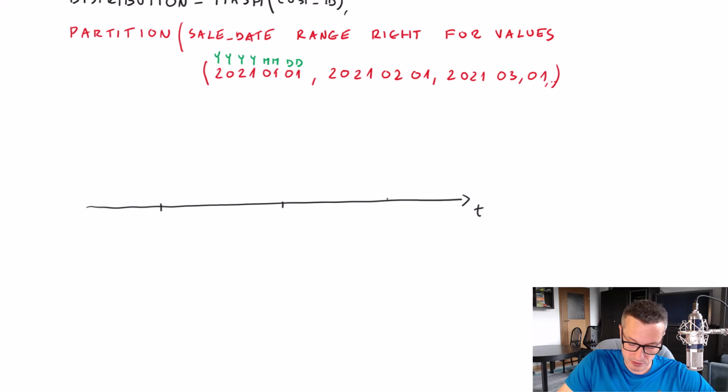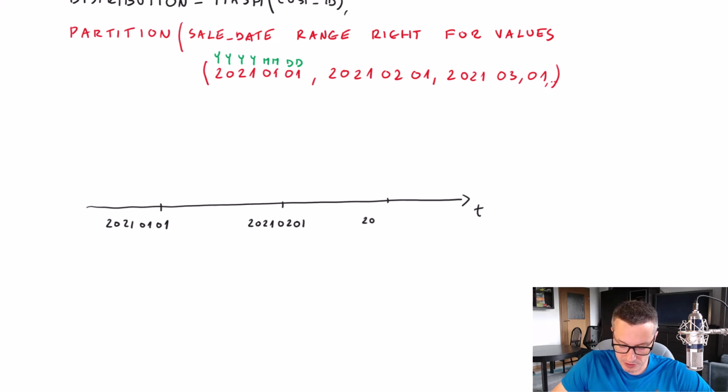The first one was 2021-01-01, so 1st of January. Then you've got 2021-02-01, 1st of February. And likewise, we've got 2021-03-01, 1st of March.